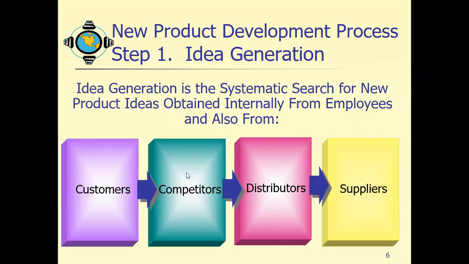Competitors: you can get ideas from competitors, what they are doing, what kind of products they are introducing in the market. You can closely observe, like the Japanese always observe what Americans do, and then they try to copy or imitate, and produce another one like this.